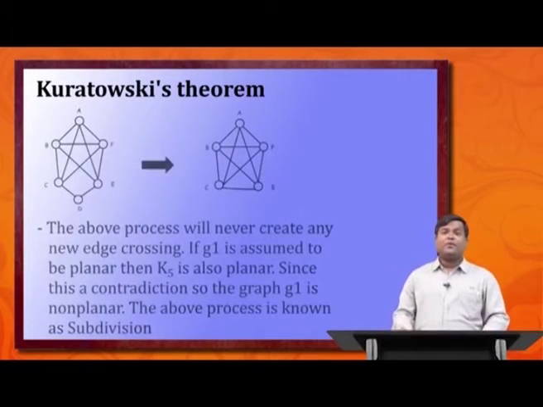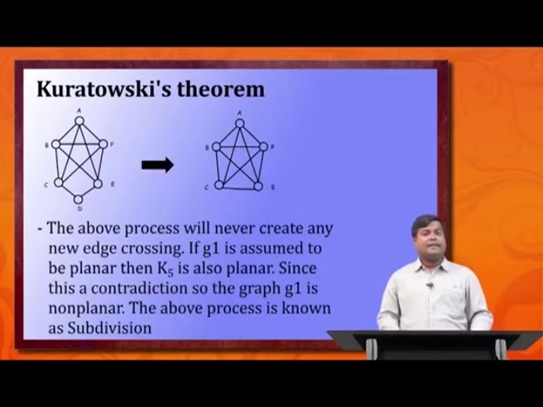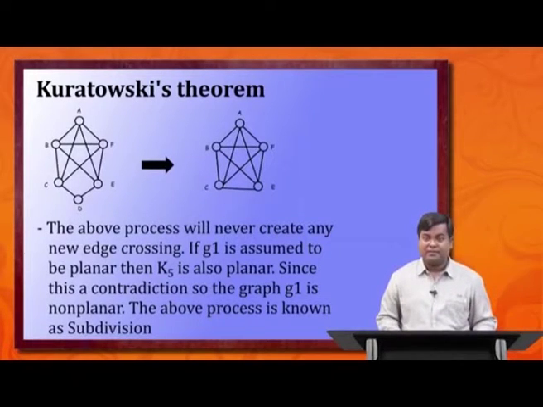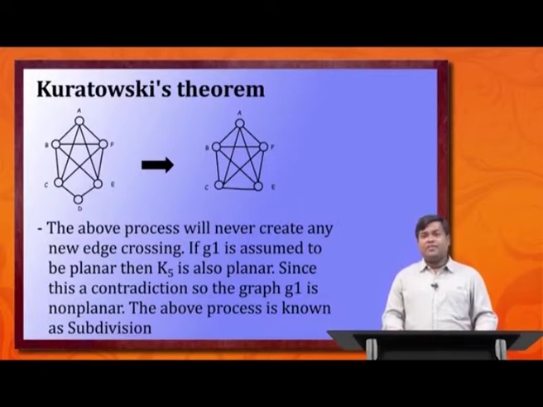Now the above process will never create a new edge crossing. We have checked that in the previous diagram: in the process by which we reduced our original graph G1 to K5, we have not added any new edge crossing. So let's say we assume that graph G1 is a planar graph, and we have reached graph K5 by this process.